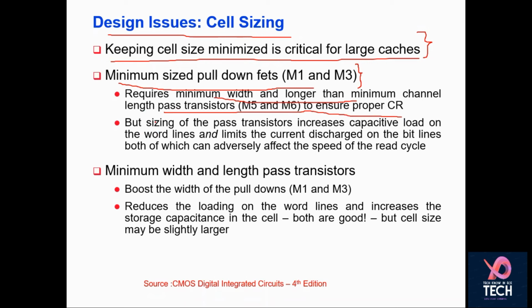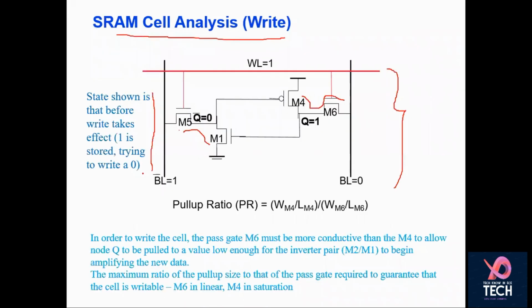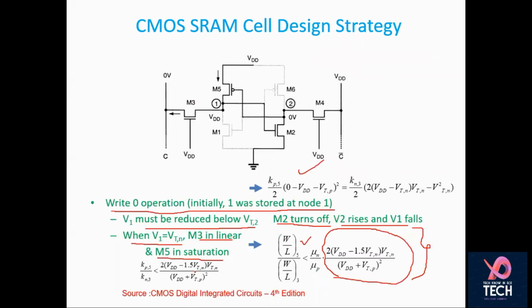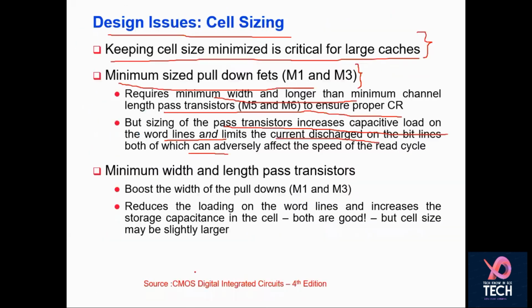Also, sizing of the pass transistor increases the capacitive load on the word lines and limits the current discharge on the bit lines. So this can be another thing, how you are going to size these pass transistors, M3 and M5 4. If you increase them, they are putting capacitive load onto the circuit.